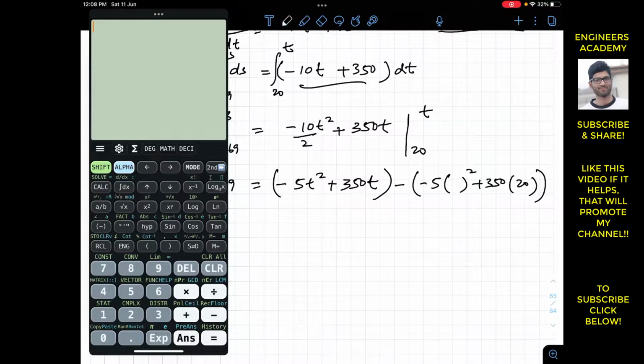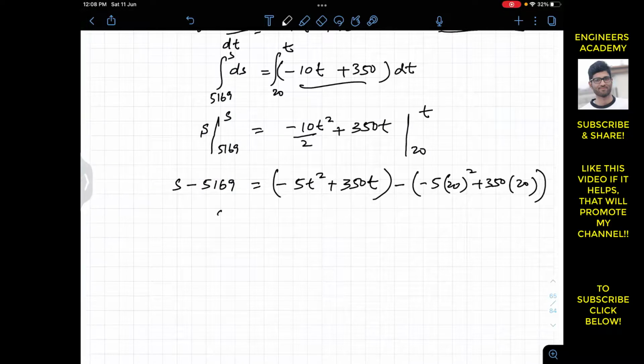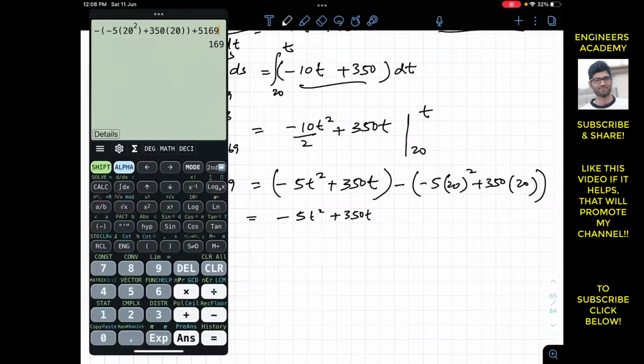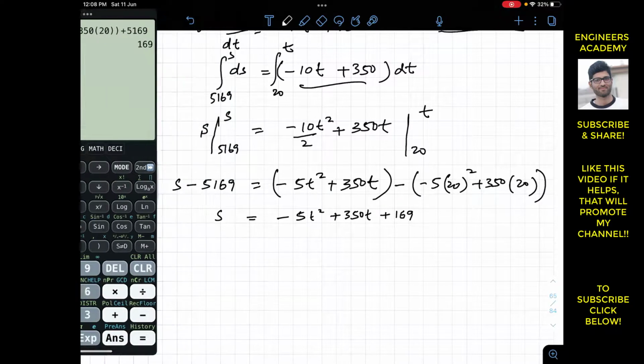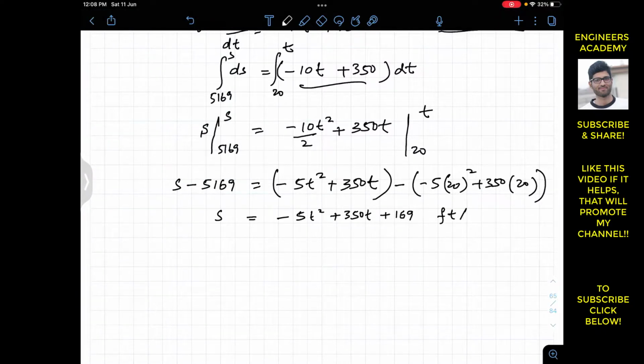So this is minus into minus 5 into 20 square plus 350 into 20, and that plus this 5169 will become positive, so that is plus 5169. This gives us plus 169. So this is s equals minus 5t square plus 350t plus 169, and this is the s of t equation.